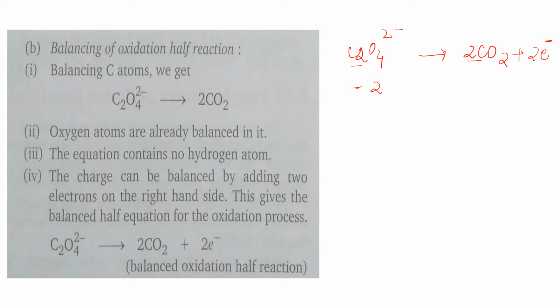So this is my balanced oxidation half reaction: C2O4 2 minus giving you 2CO2 plus 2e minus. Now I got the oxidation half reaction and I already got the reduction half reaction. Now these two should be equated. Okay, let us see what is there in the next slide.